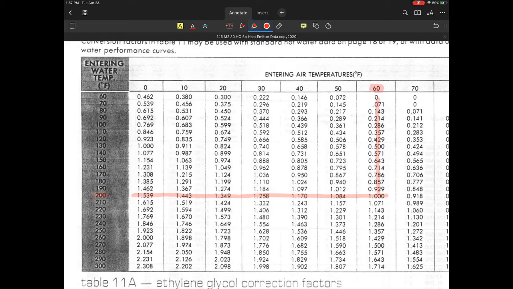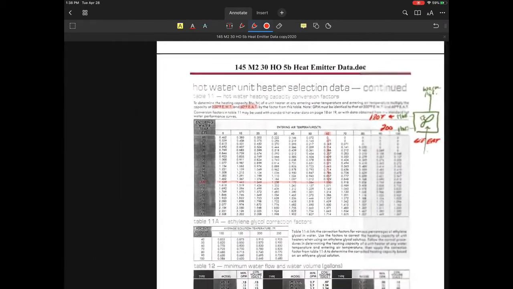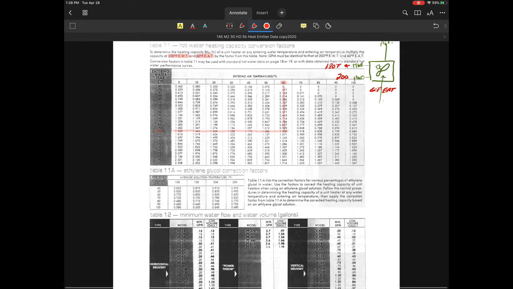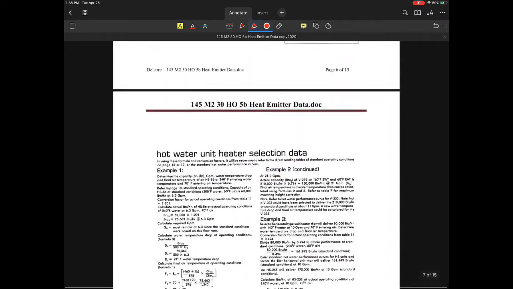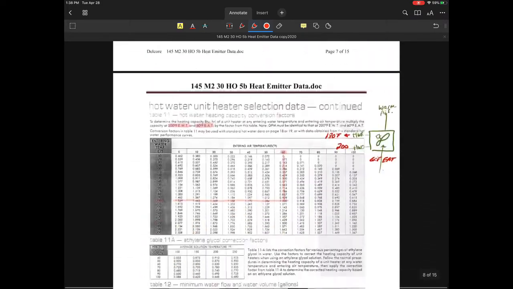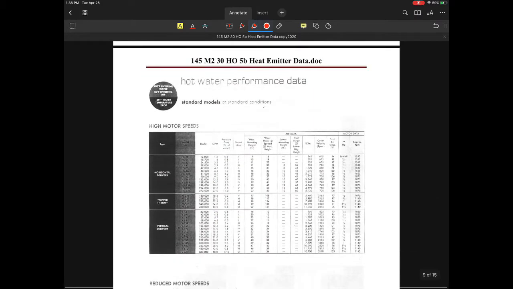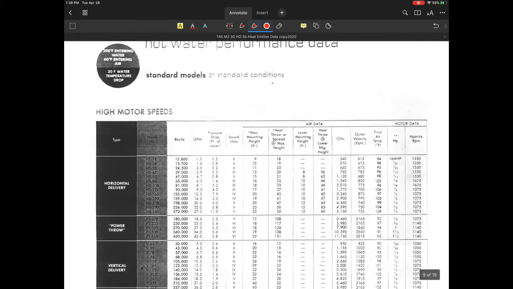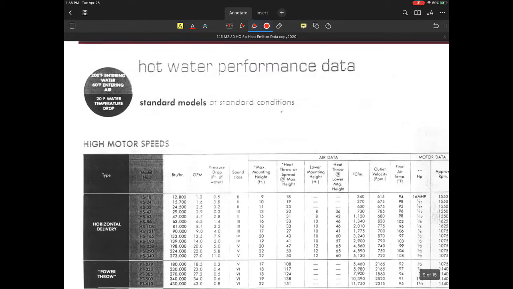Now, if I go straight up on that 1.0, I'm going to be able to identify that the entering air temperature that it was rated at was 60 degrees entering air, and the boiler water was 200 degrees. And this is going to be corrected from the nominal values that the manufacturers provide as the heating outputs on these systems.